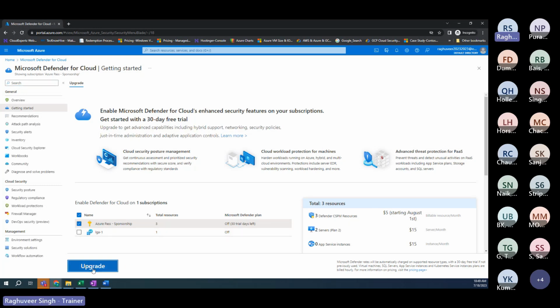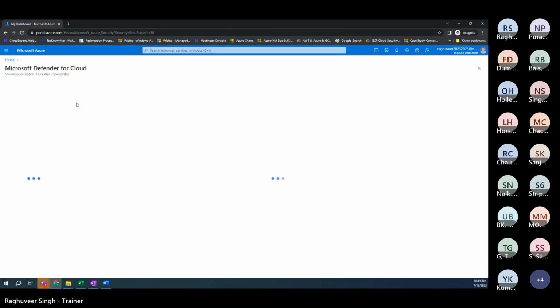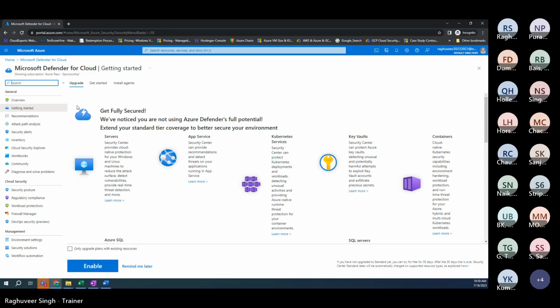Please click on upgrade. Okay. So when I clicked on upgrade, now it has been upgraded to the standard plan.